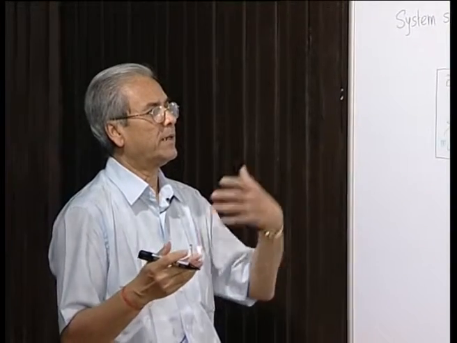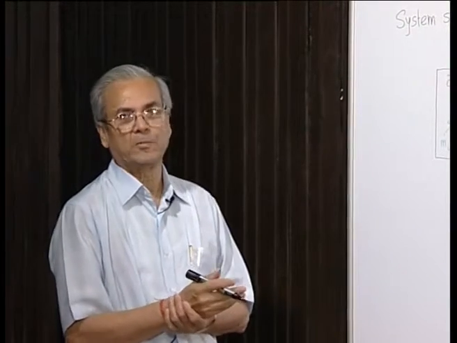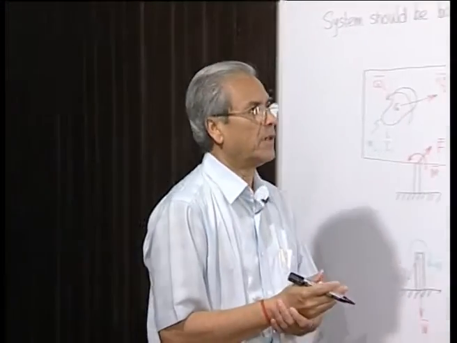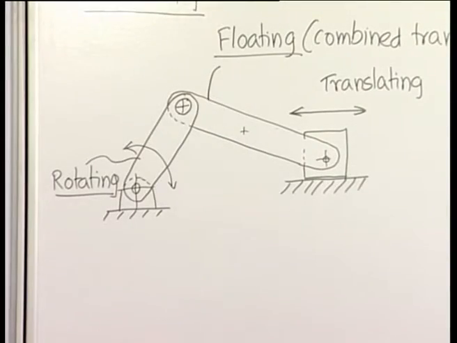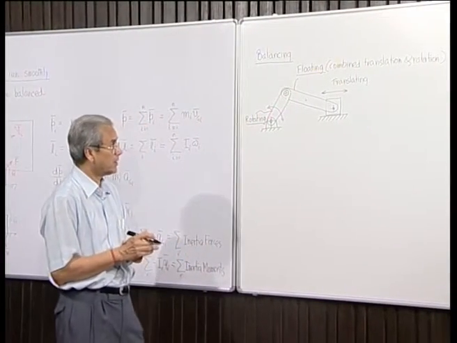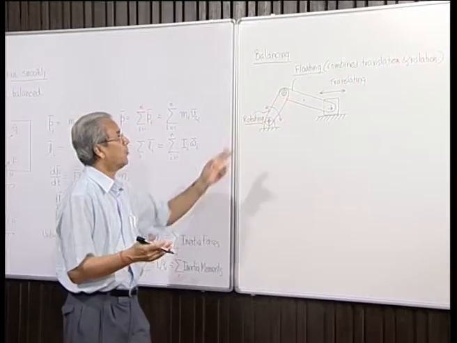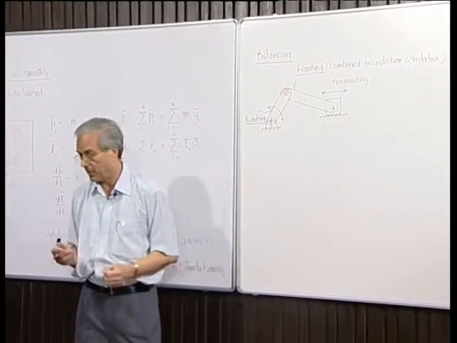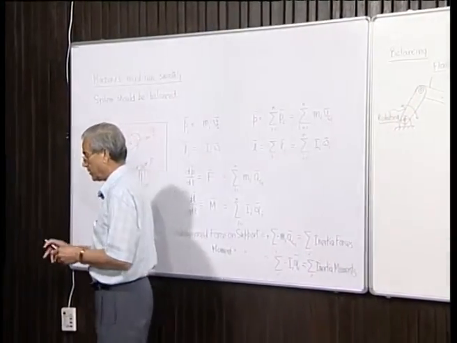One type where the components are executing pure rotation. In another situation, the components execute pure translation, either rectilinear or curvilinear translation. Another kind where the objects have combined rotation and translation.